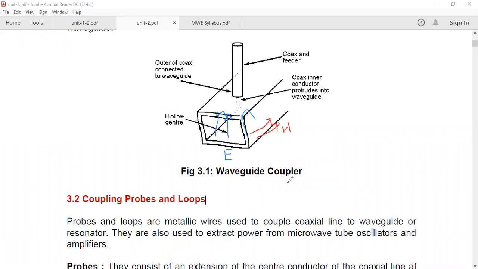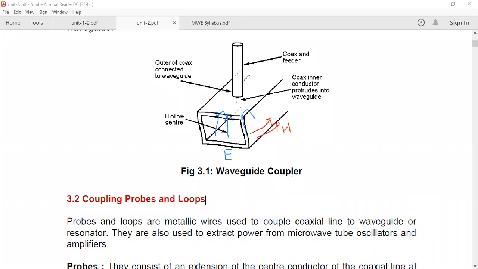Remember this point. Two types of couplings we are using in waveguides to give the input to the rectangular waveguide: probes and loops. Probes I am inserting into the broader side of the rectangular waveguide.